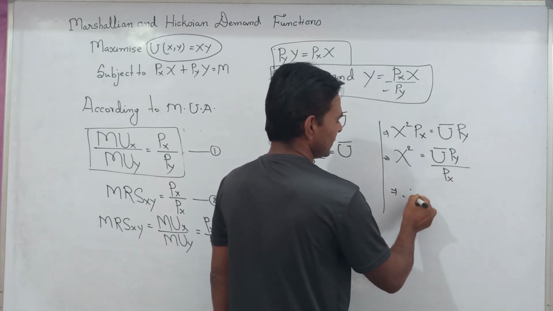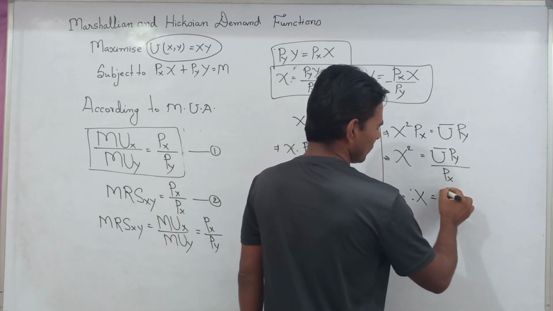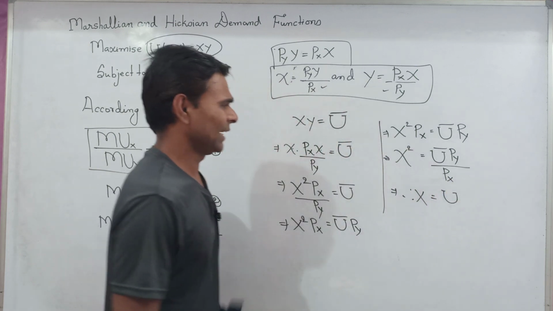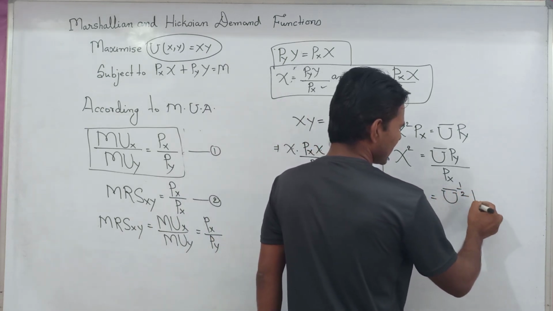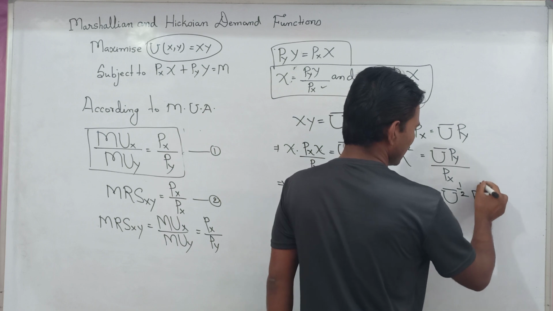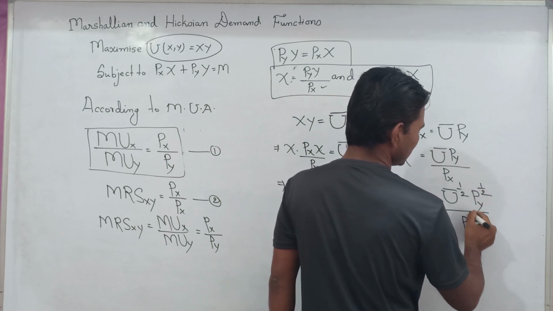Here x square, therefore x all comes under root, that is fixed level of utility to the power half, price of y to the power half, price of x to the power half.